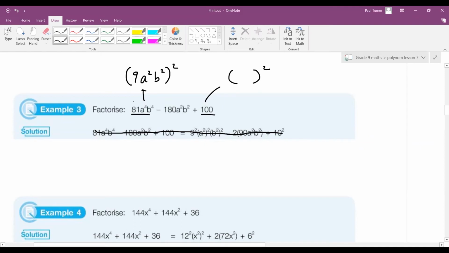So 9 squared, 81. a squared squared is a4. b squared squared is b4. So this is your first part. And 100 is 10 squared. So we know now that a from the formula will be 9a squared b squared, and b will be 10.